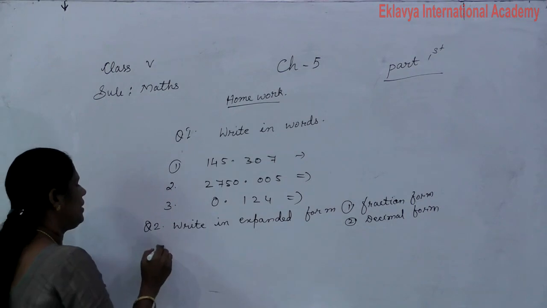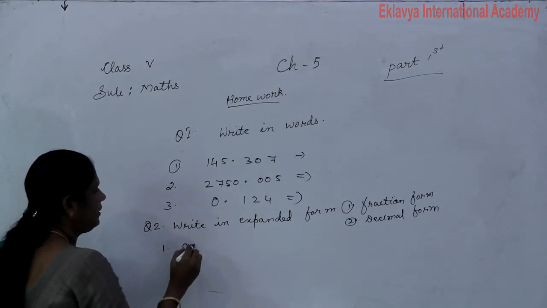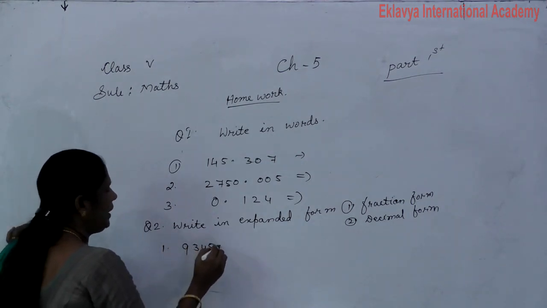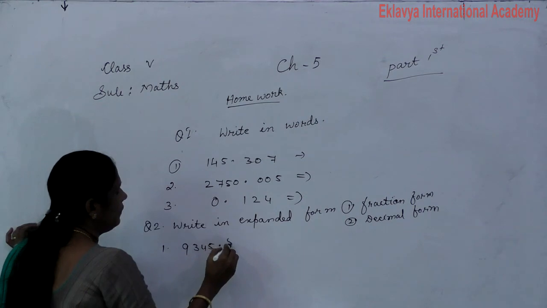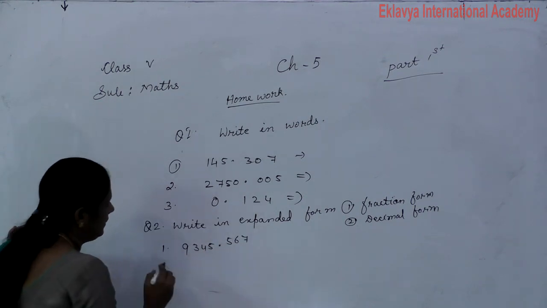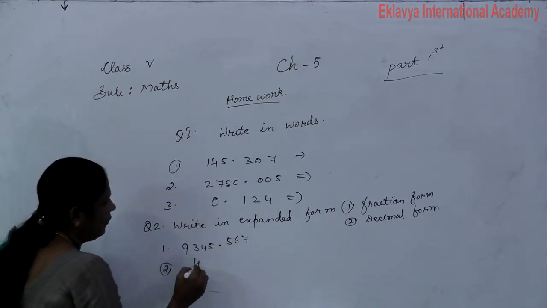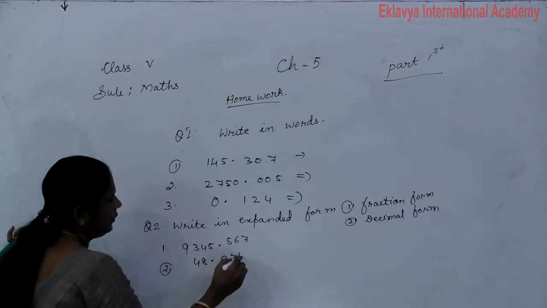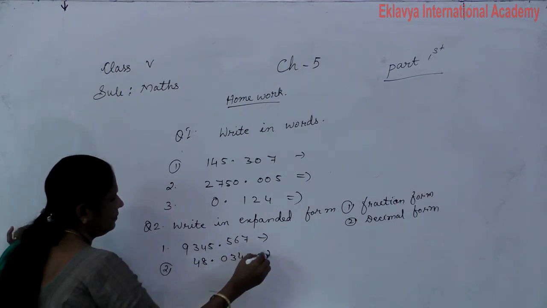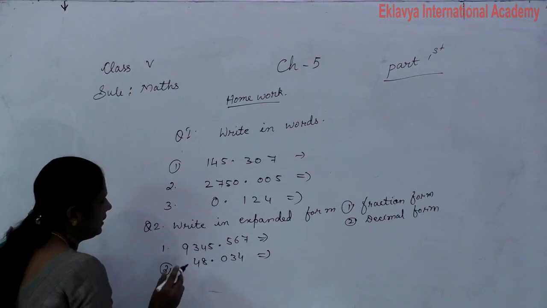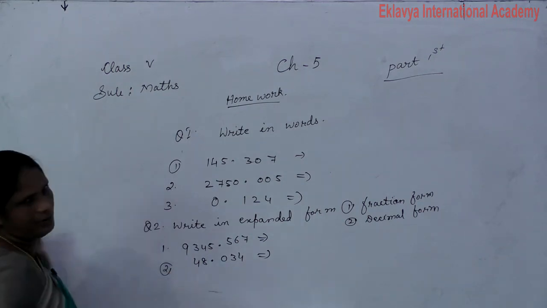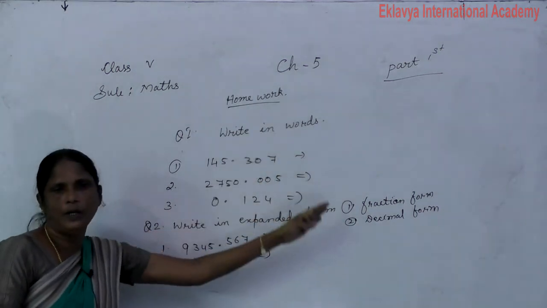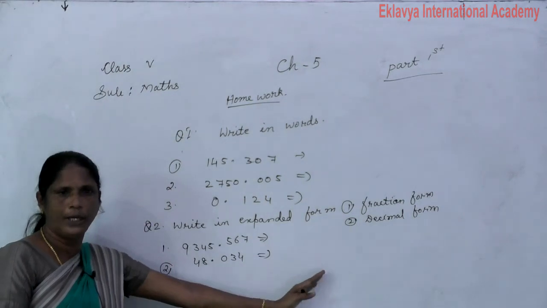Okay, first question, 9345.567. Then second, 48.034. Then third, these questions you do in your CW notebook. Okay, thank you.